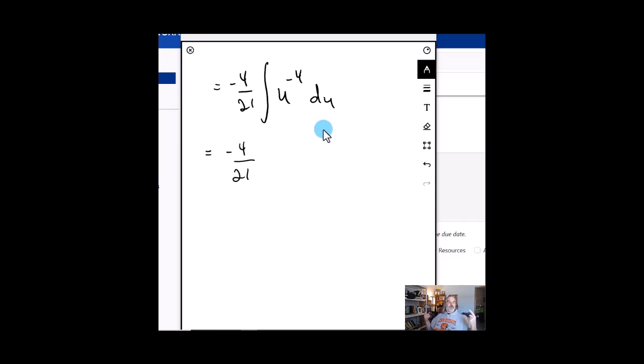Remember, when you're working with negative exponents, you have to be a little bit more careful. The antiderivative of u to the +4 would go up to a u to the 5th with a multiplicative constant. You always add one back to the exponent when you're doing an antiderivative. When the exponent is negative, the process of adding one back to it moves it which way for you?